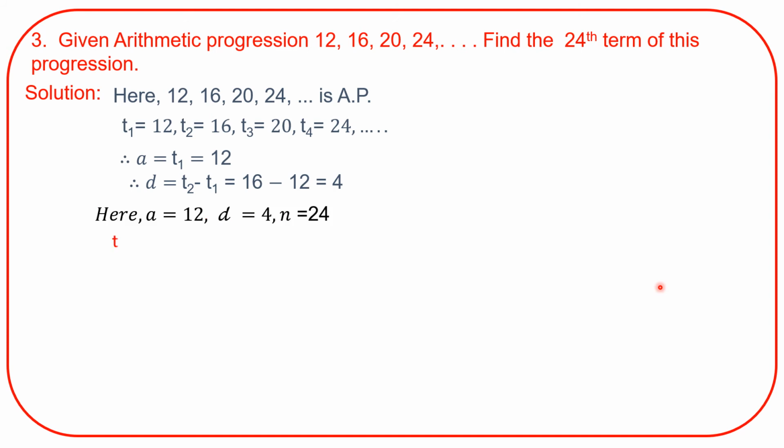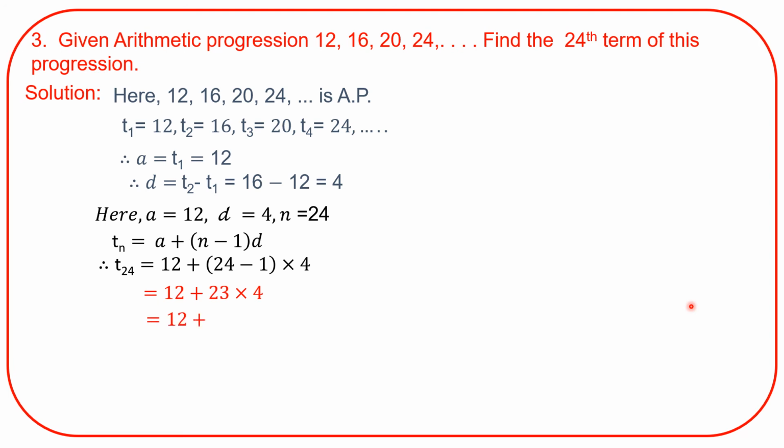Nth term Tn is equal to A plus in bracket n minus 1 bracket complete into D. Now substitute the values of A, N and D. Therefore, the 24th term is equal to 12 plus in bracket 24 minus 1 into 4, is equal to 12 plus 23 into 4. 23 4s are 92. 12 plus 92 is equal to 104. 24th term T24 is equal to 104.